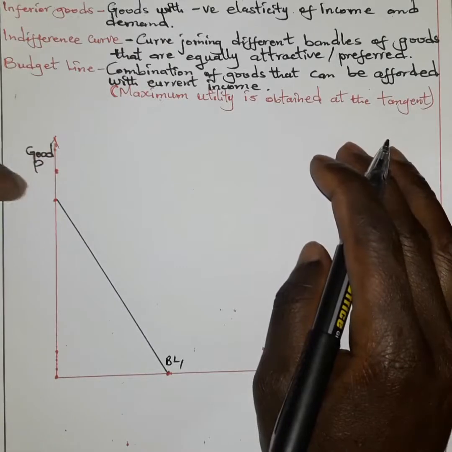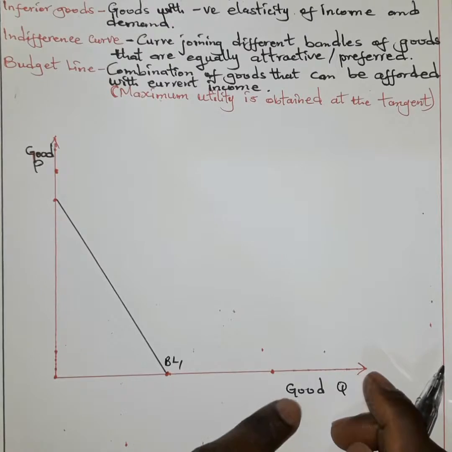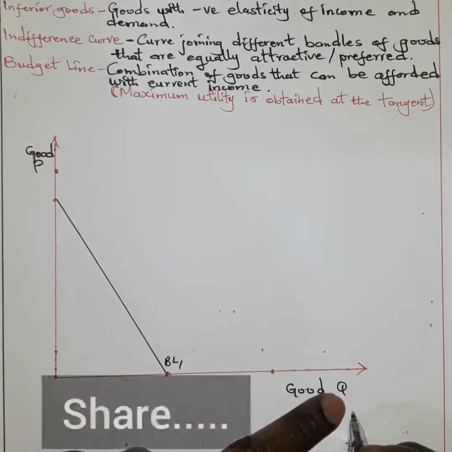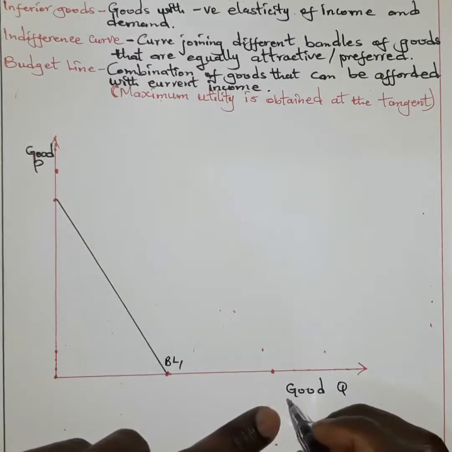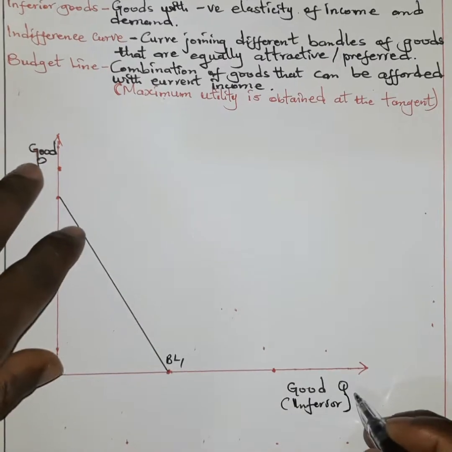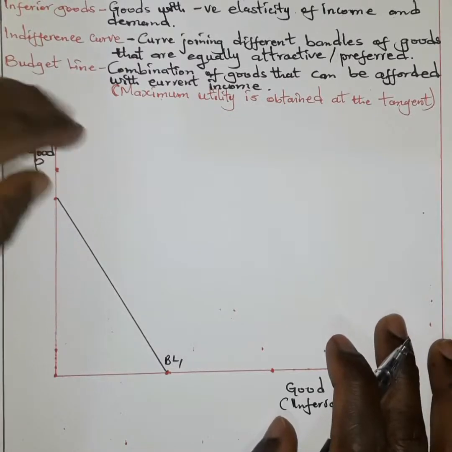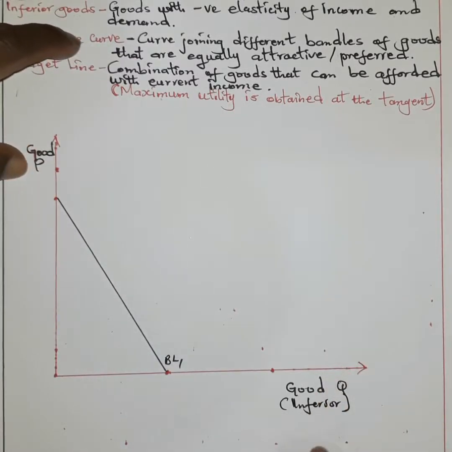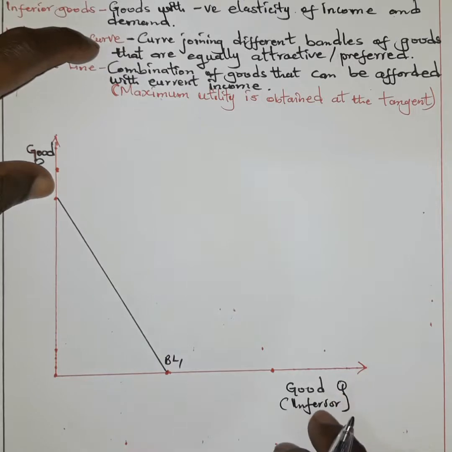So when you have budget line 1, let us assume we have good Q and good P, and assume that good Q is inferior while good P is a normal good for this scenario. You find that if the price of good Q drops, the quantity consumed of good Q is going to increase.